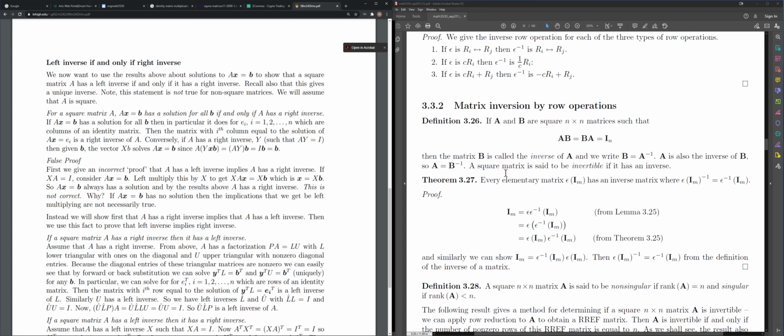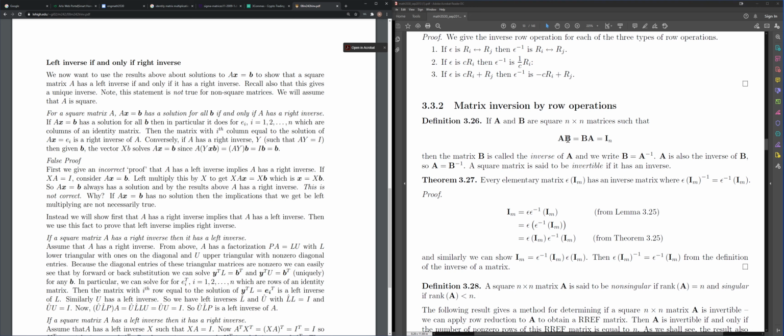Okay, so let's look at the definition of the inverse of a square matrix. If A is an n by n matrix, and I can find an n by n matrix B such that AB, where B is on the right hand side, or BA, where B is on the left hand side, and if AB is equal to BA is equal to the identity matrix, then B is called the inverse of A, and we can write B as A inverse.